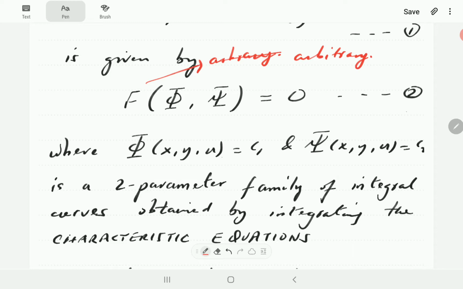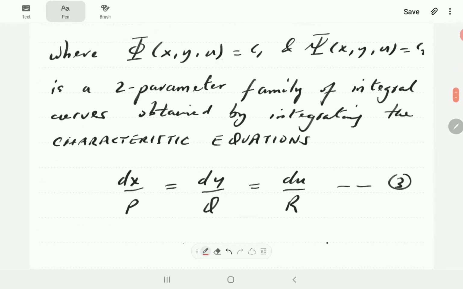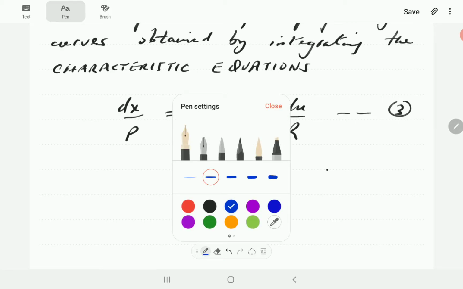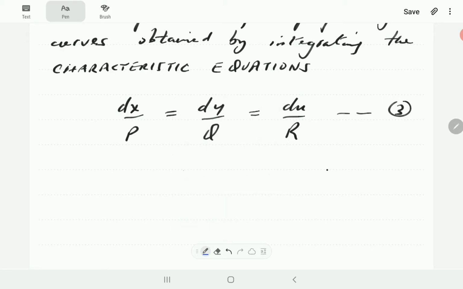Now in this video I want to focus on how to find a particular function f which is satisfied for a particular given curve. So the focus of this video is on the following.